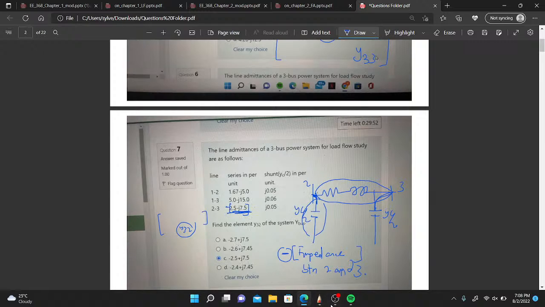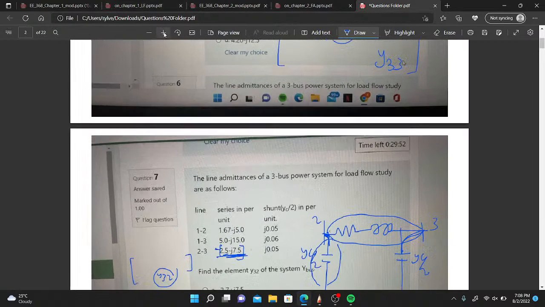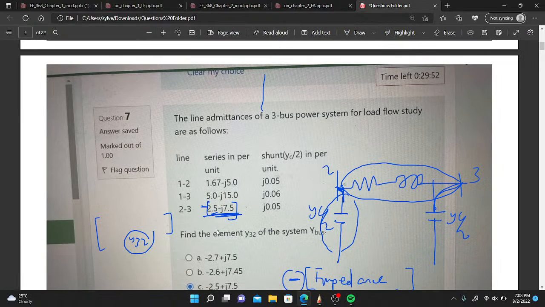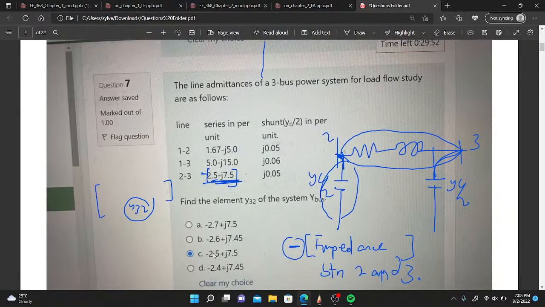You get it? So it becomes negative 2.5, then here becomes plus 7.5. So that's the answer.